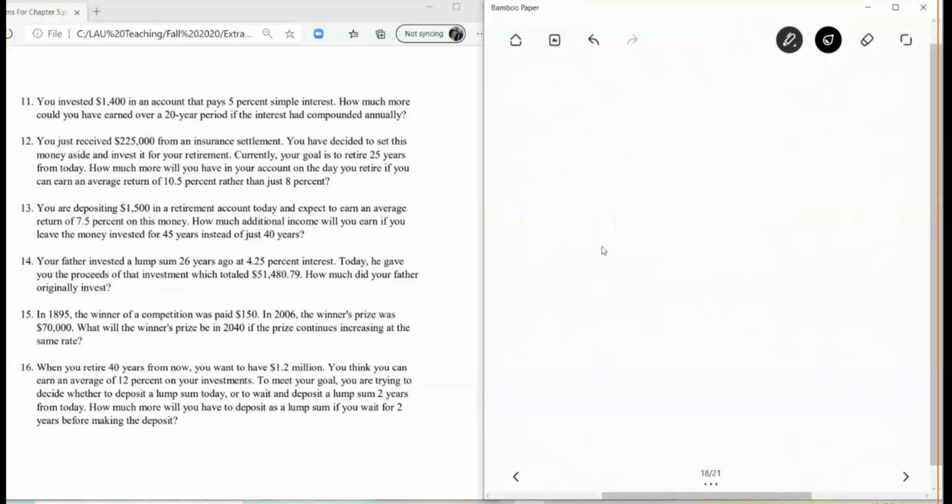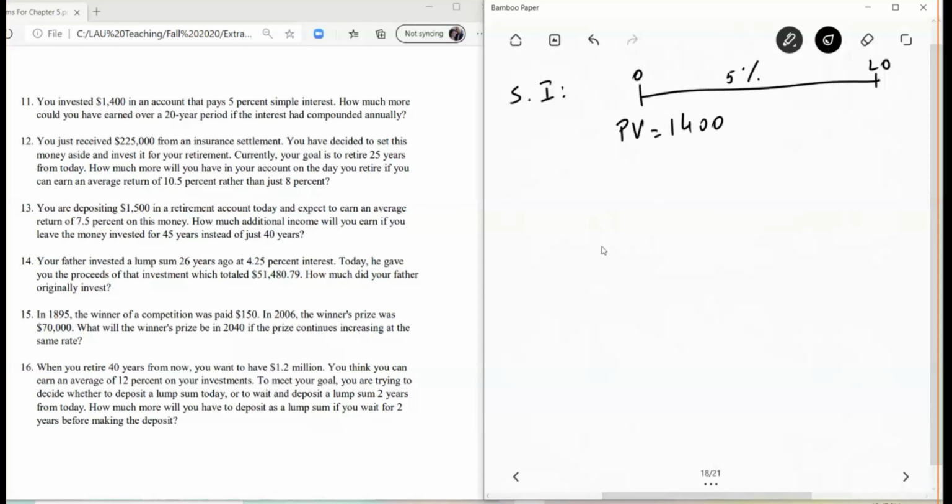So first, with the simple interest, that investment is paying 5% over a 20 years period. PV here is equal to $1,400.